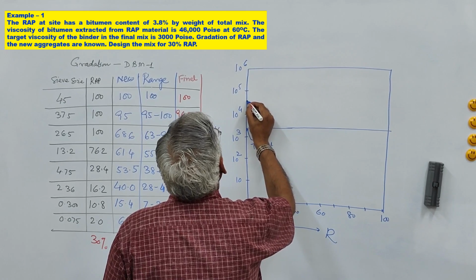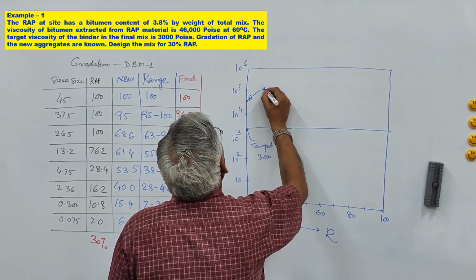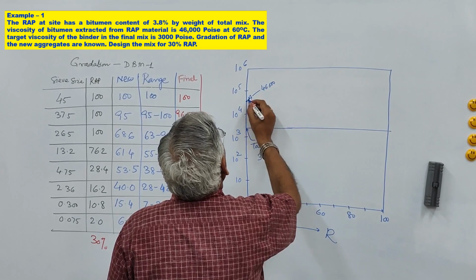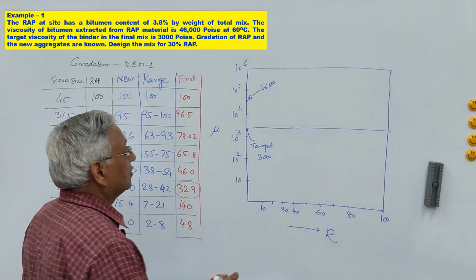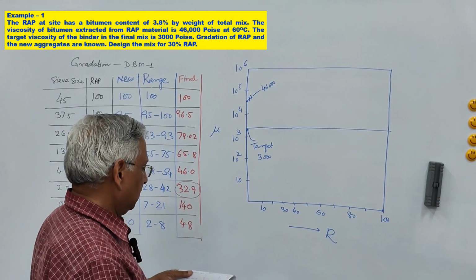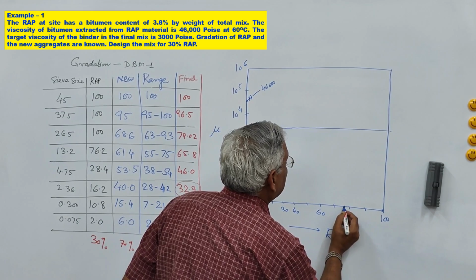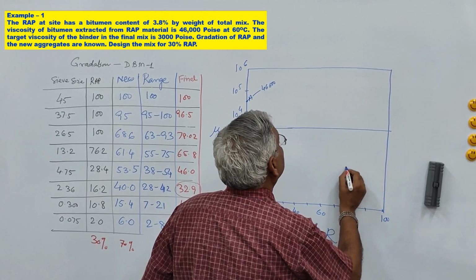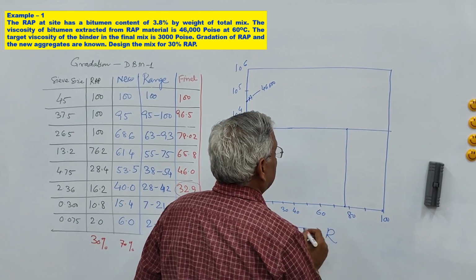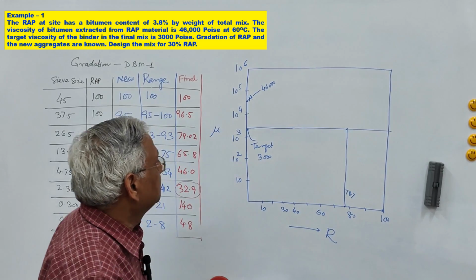Let us say this is the point A. This is 46,000 poise. And the value of R is 78.7. So here is 78.7. Corresponding to this 78.7, if you make a point here on this target viscosity, this is corresponding to 78.7%.